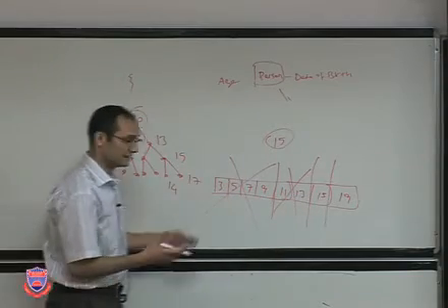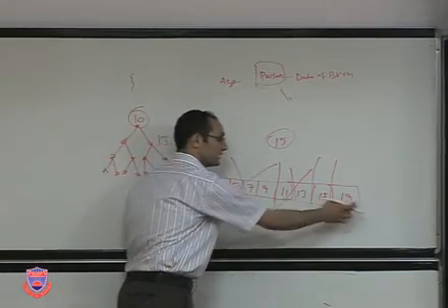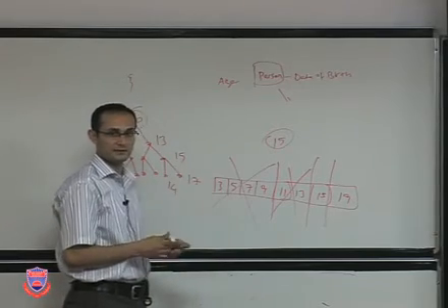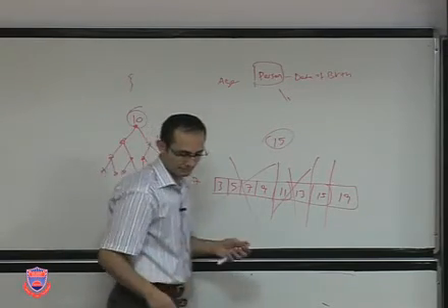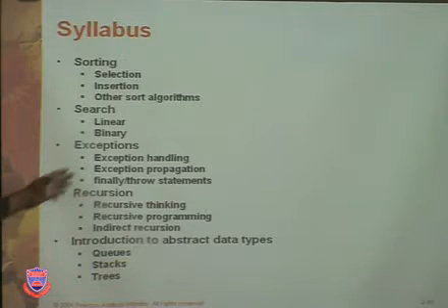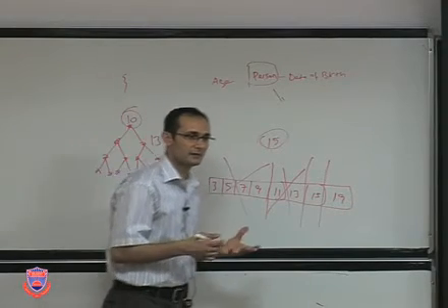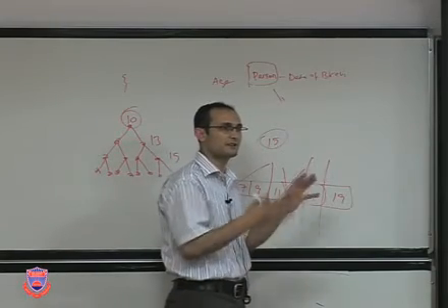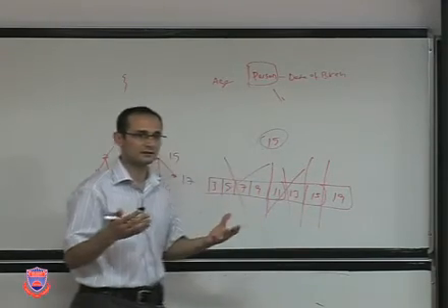But again, the catch is that you have to have this whole array sorted in order to be able to do this and implement this. And exceptions. So what happens if somehow your program gives an exception? It's not exactly an error, but rather a state which you normally don't expect, but if it happens, you would like to take care of it somehow.